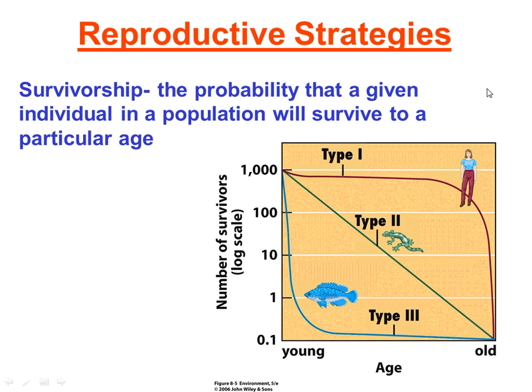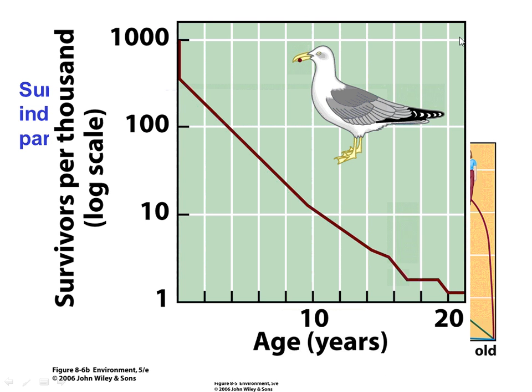Like we said with the R and K selected, many animals are going to exhibit more than one type of survivorship. So if you look at this graph here, you can see a herring gull, and you can see the age. And you can see that it's likely that the chicks of a herring gull are going to be killed early on in life.